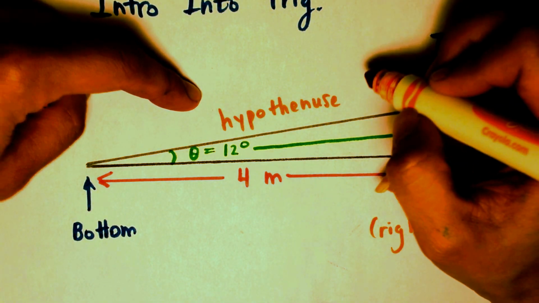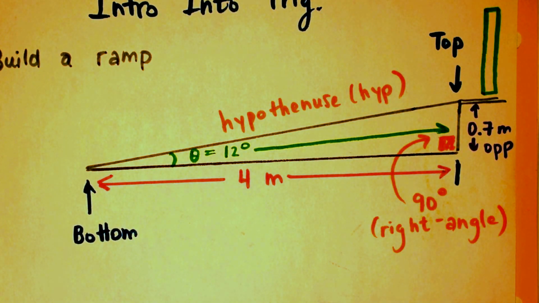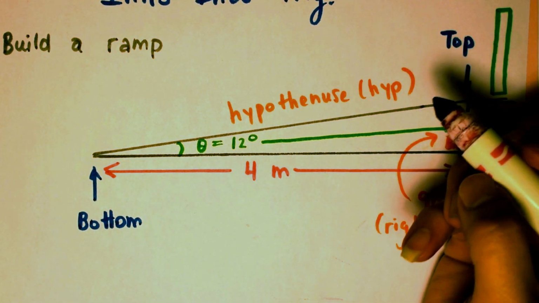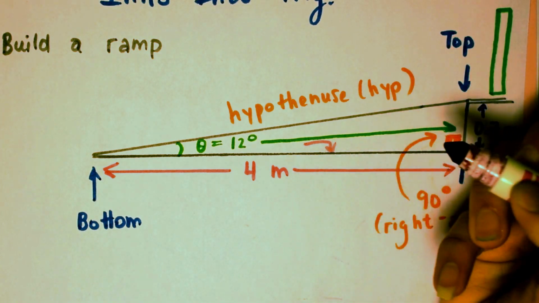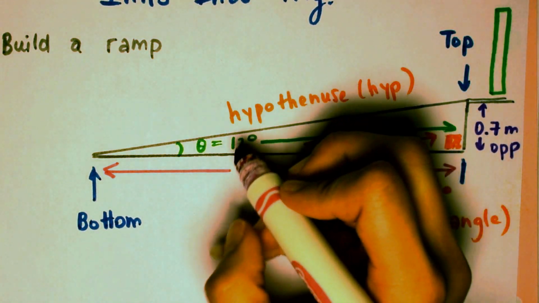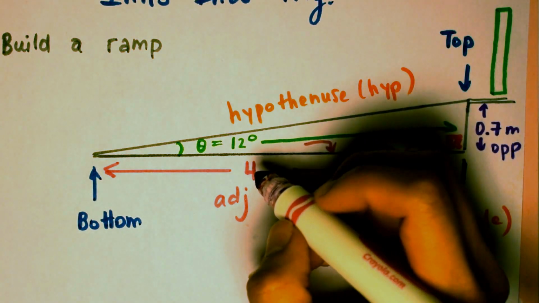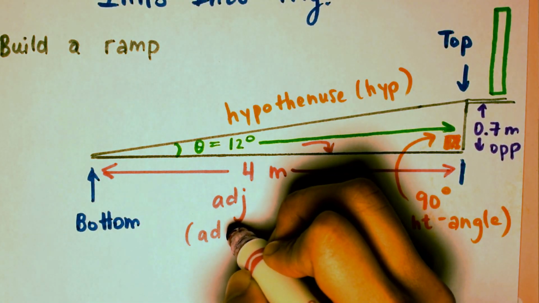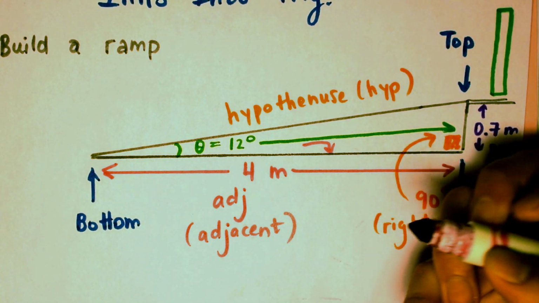Tell me if I spelled it wrong, it looks odd to me right now. And adjacent is a word that means next to. So the side next to this angle is called the adjacent, ADJ, which is a short form for the word adjacent.